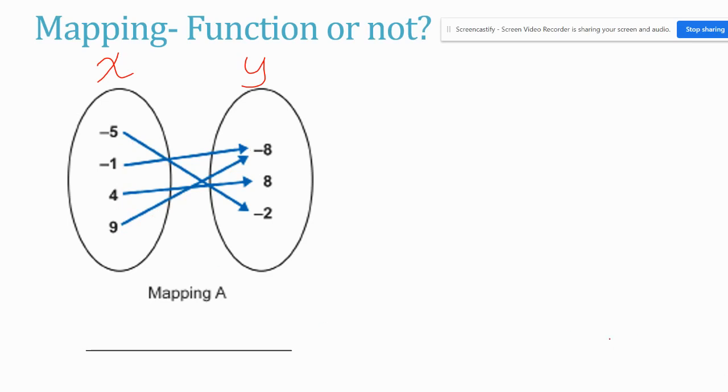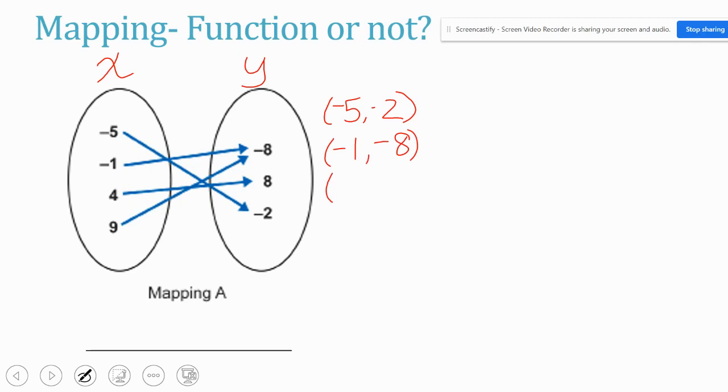And a way to see this in another way is we can list these values as ordered pairs so you can have a clearer idea. So I'm going to write these arrows basically as ordered pairs. So -5, -2, I'm going to write that just like this. You don't always have to do this, but it's a great way to identify if you're having trouble with mapping diagrams, which some people do, not everybody.